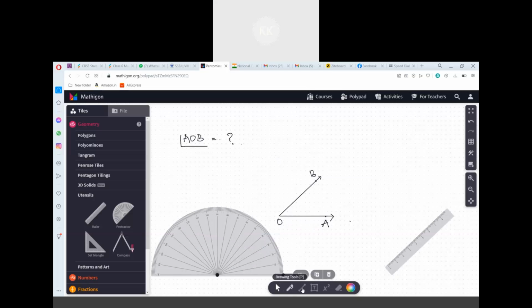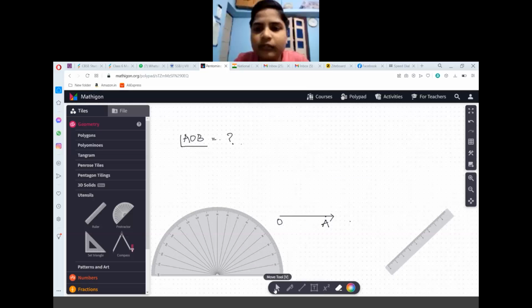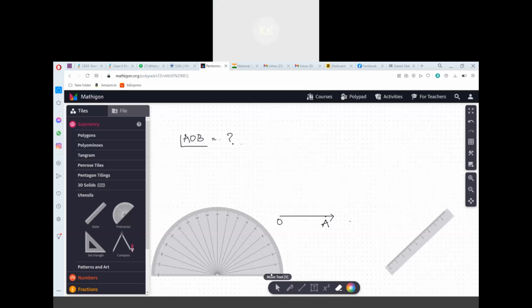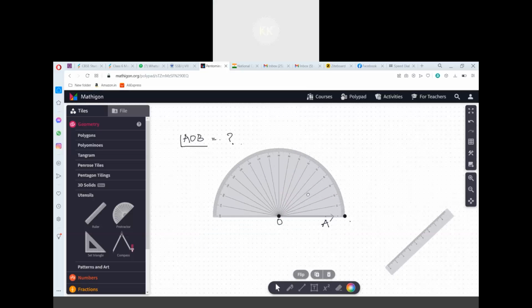Let me wipe this. Let me make a 60-degree angle using the protractor. I have to place the protractor here and mark 60 degrees over here.